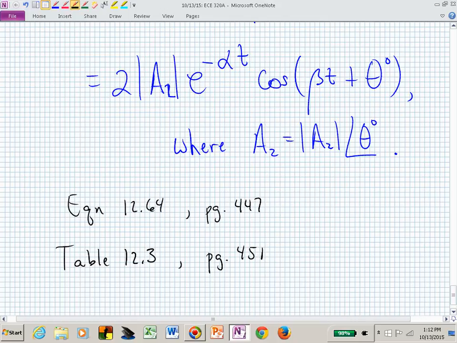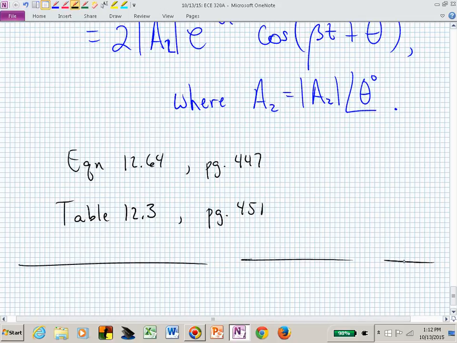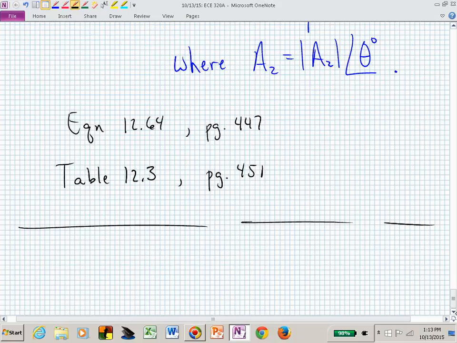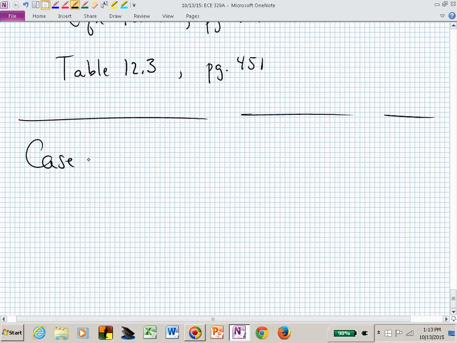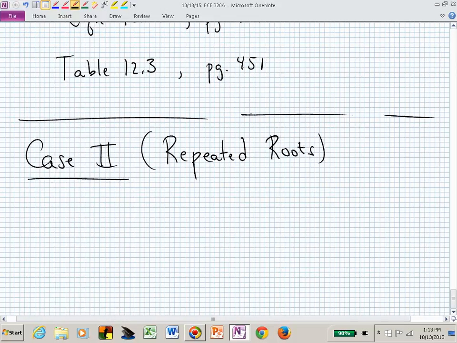That's what I want to say for case number 1 in this strategy for inverse Laplace transforms. What was case 1? Case capital I. Distinct roots. None of those s's were on top of each other. Let's now look at case number 2, where we do have repeated roots.